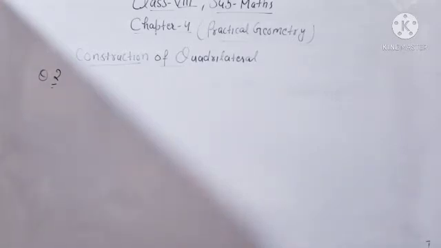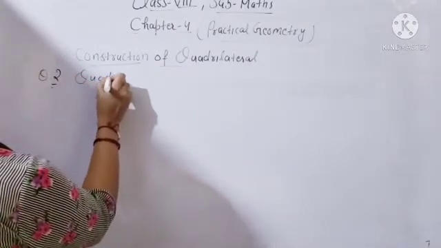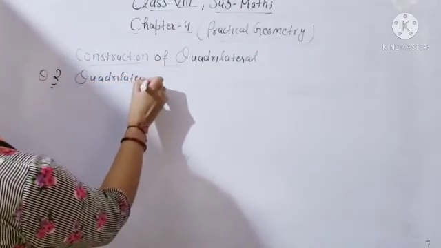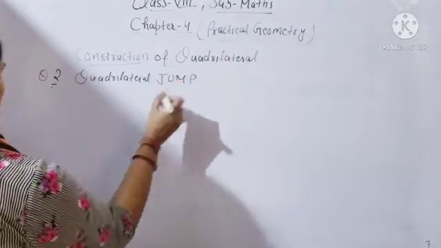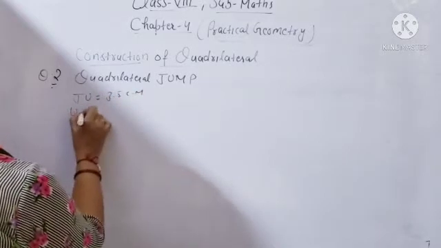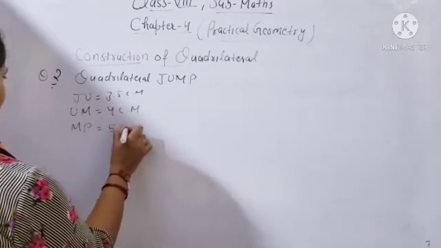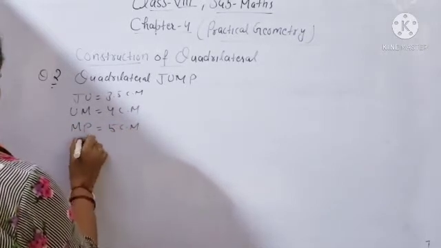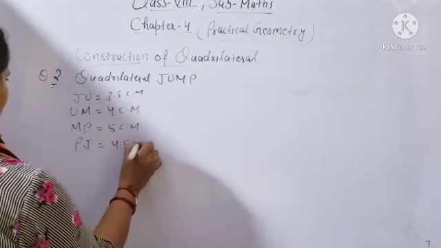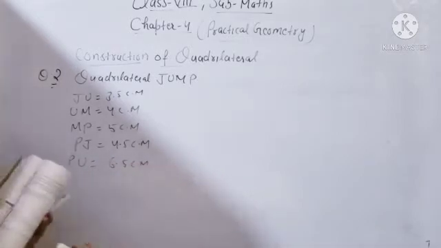Second question: quadrilateral JUMP, where JU is 3.5 centimeter, UM 4 centimeter, MP 5 centimeter, PJ 4.5 centimeter, PU 6.5 centimeter. Clear? Quadrilateral JUMP is given.